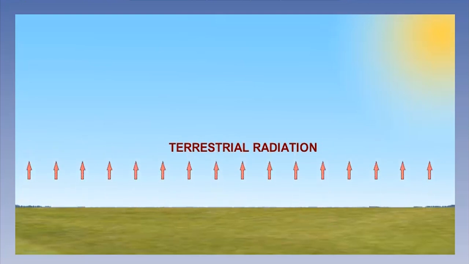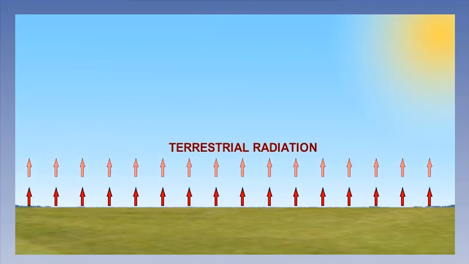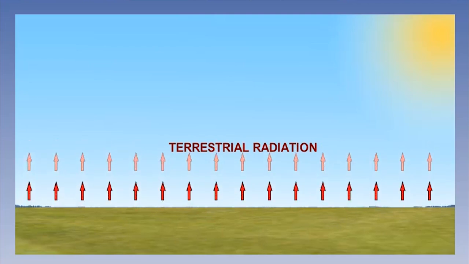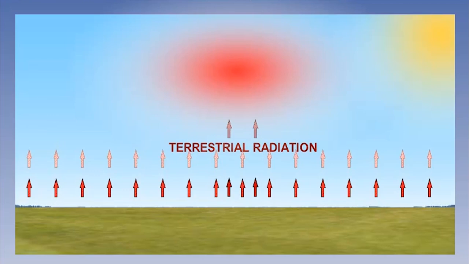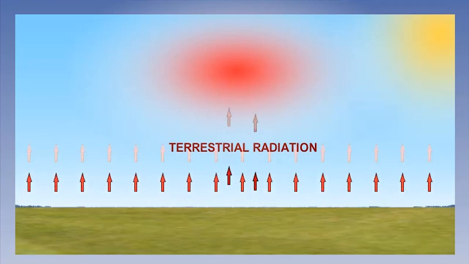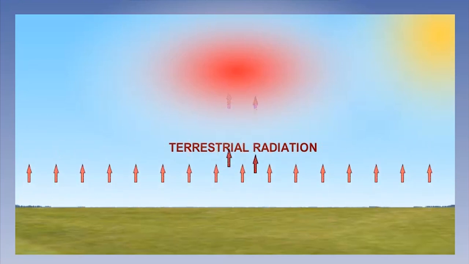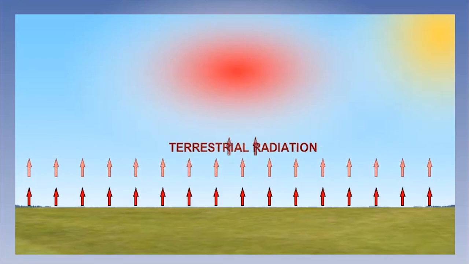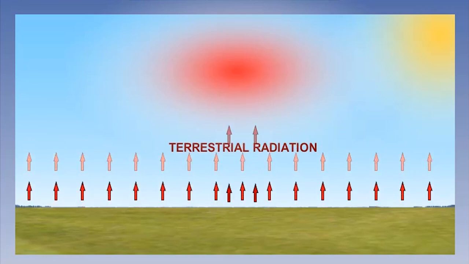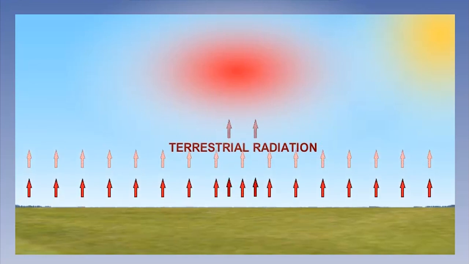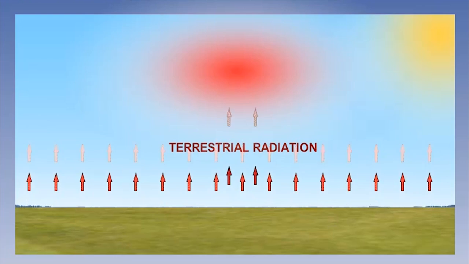So what happens to this energy as it is emitted from the Earth's surface? How does it heat the atmosphere? The most important process is where two of the constituents of the atmosphere, water vapour and carbon dioxide, absorb this long-wave radiation from the Earth. This then acts as a heat reservoir for the atmosphere, warming it up.